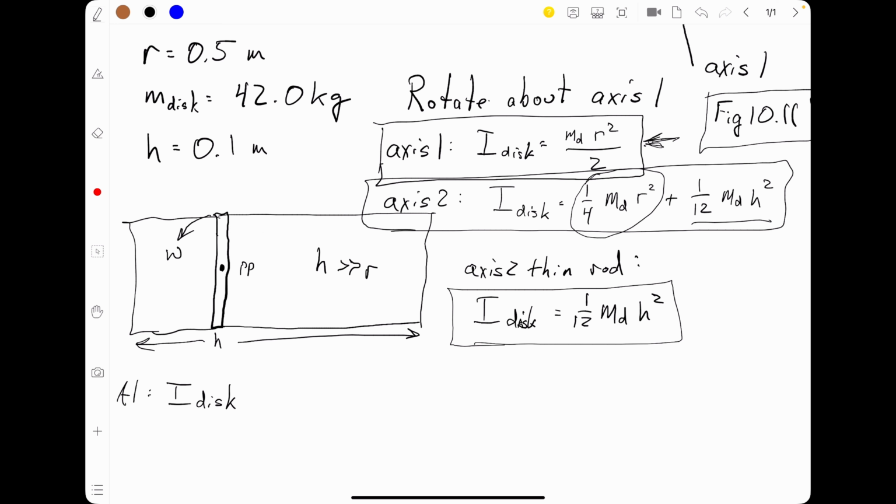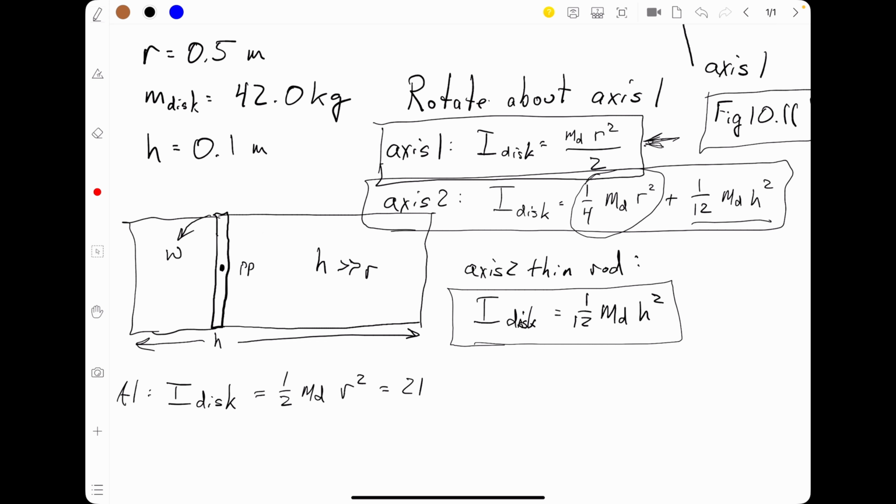I disk: we're gonna do 1/2 mass of disk times the radius squared. So we've got our 0.5, so 42 divided by 2, that's 21. So I'm just gonna put 21 here.